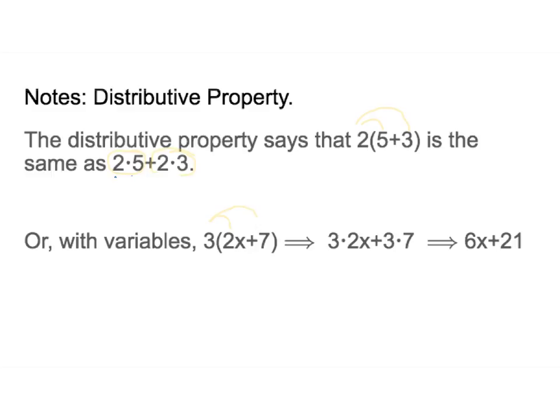So 3 times 2x plus 7, you would multiply the 3 by the 2x and the 3 by the 7, add those two parts together, and simplify it the way we've been talking about to get 6x plus 21. This is applying the distributive property.